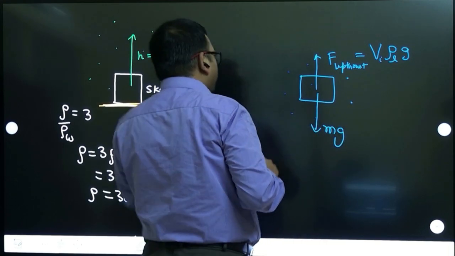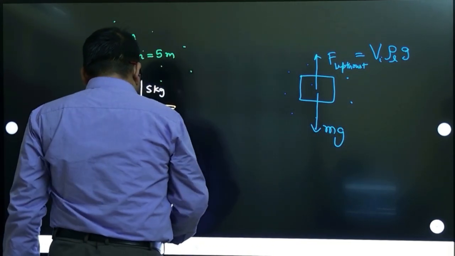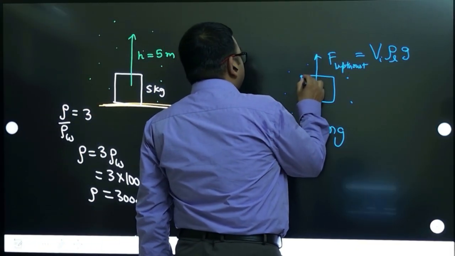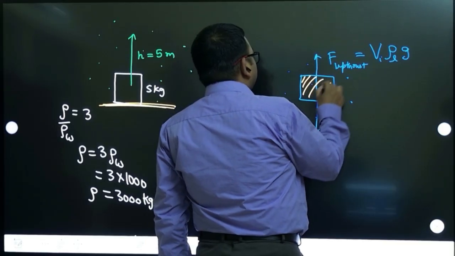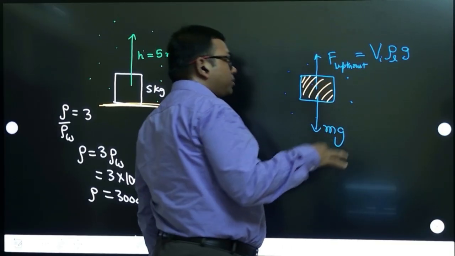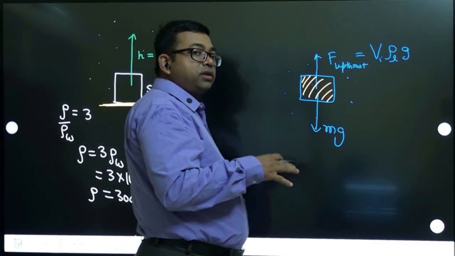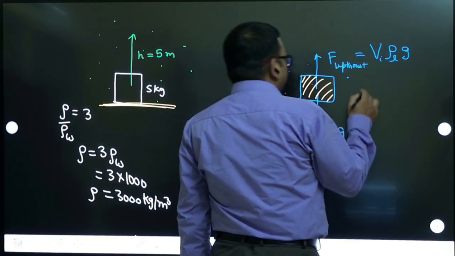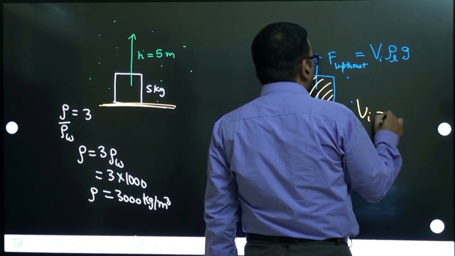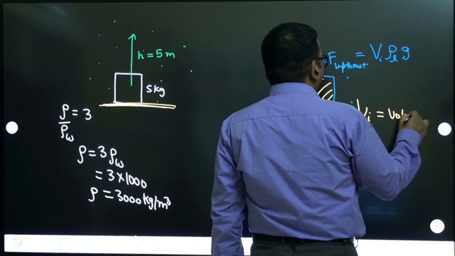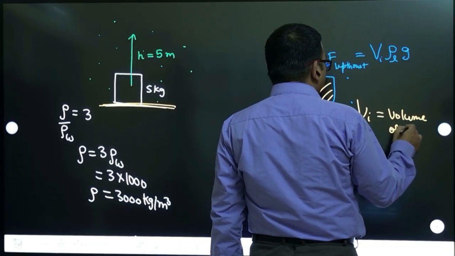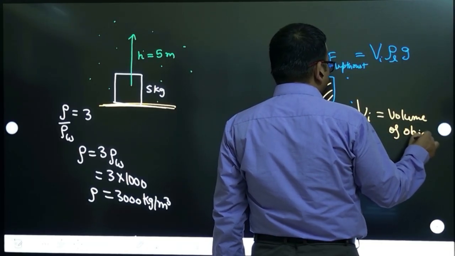That is the formula for upthrust. Volume inside means how much of the body is inside the water. Here the object is completely immersed, so the volume immersed is the same as the volume of the object.